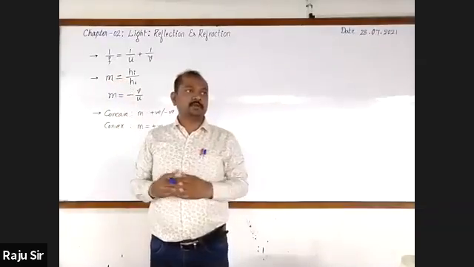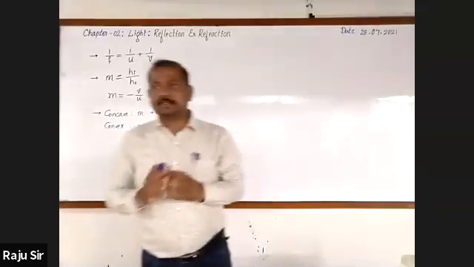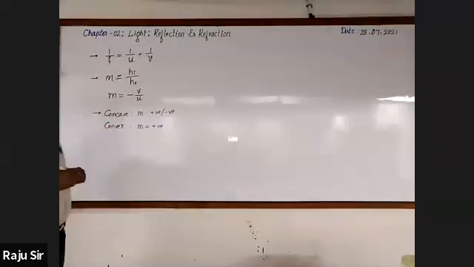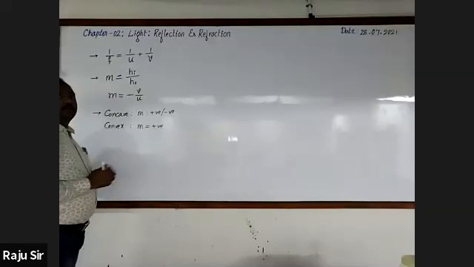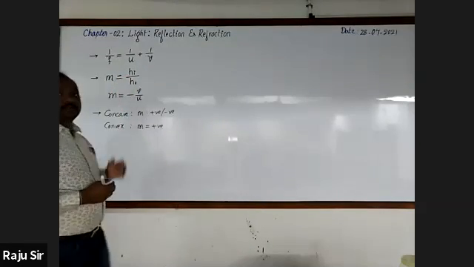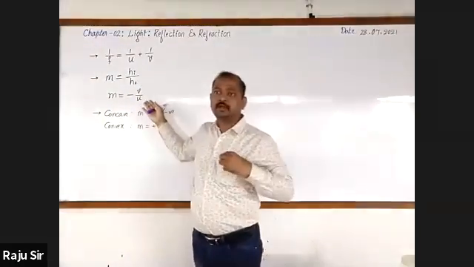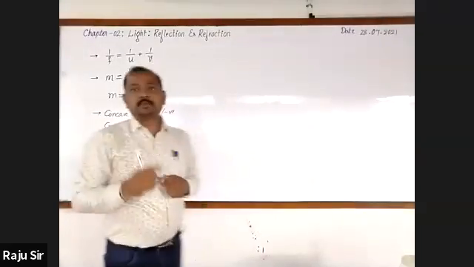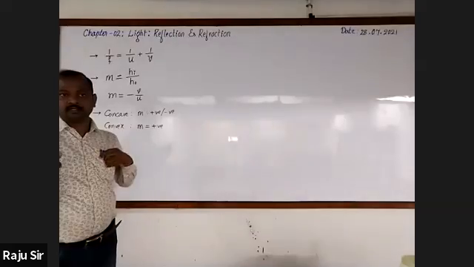Both are positive, hence magnification will be positive, right? And we have solved the problems on all three, using the mirror formula and also finding the magnification in terms of heights as well as object and image distances. The last one was with respect to a convex mirror, right?